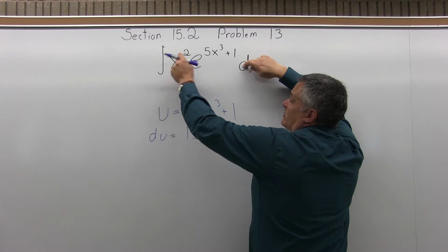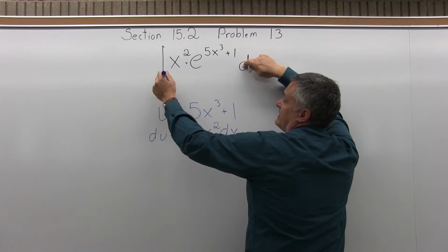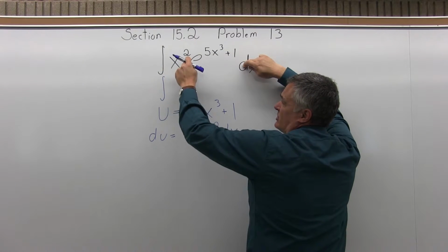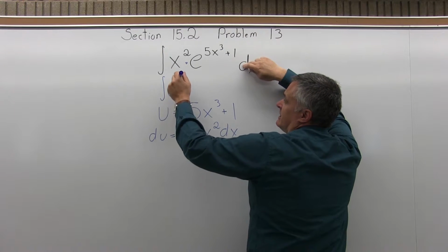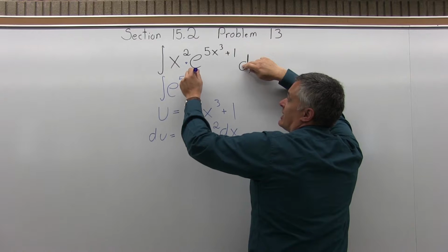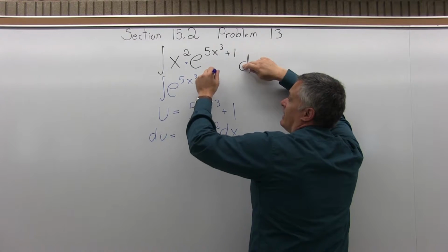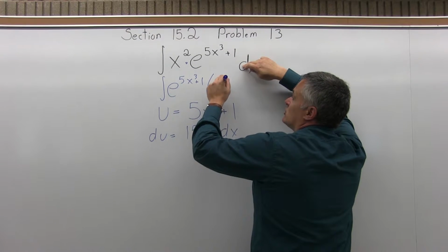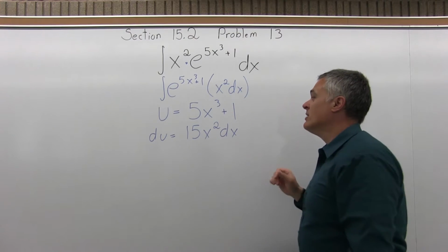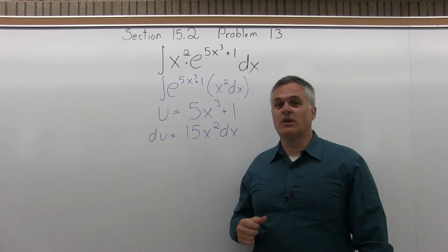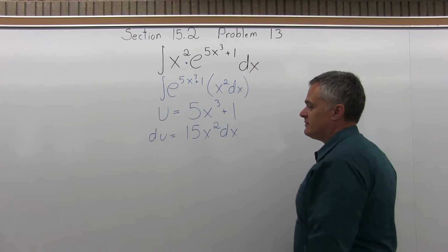I can pull the x squared over and put it with the dx if I want to, because you can multiply things in any order and get the same answer. So let me write it as e to the 5x cubed plus 1 times x squared dx. And that's going to make the substitution with my new variable a little more clear.